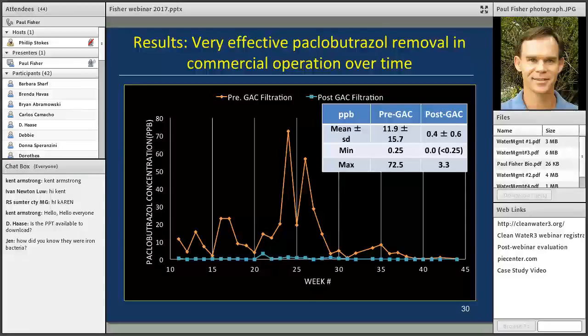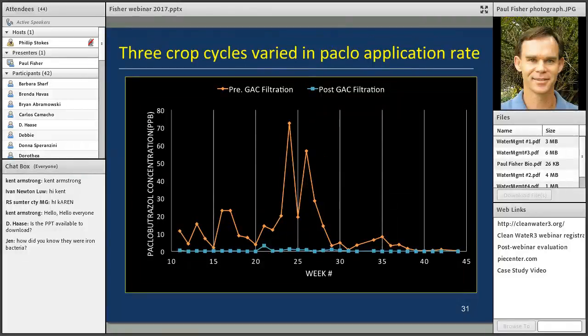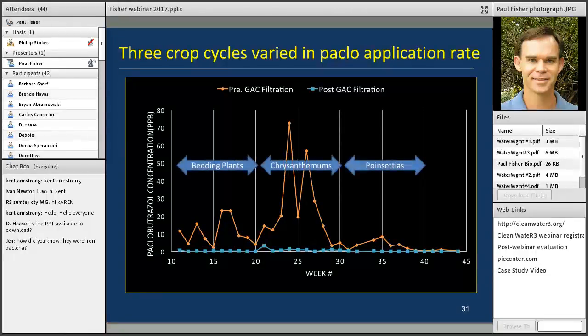You can see that even though the pre-filtration level got all the way up to over 70 parts per billion, after the granular activated carbon the maximum level was only 3.3 parts per billion. As part of George Grant's project, he's now looking at other agrochemicals which can also be adsorbed onto the carbon. The grower had 3 different crop cycles: bedding plants, chrysanthemums, and poinsettias.